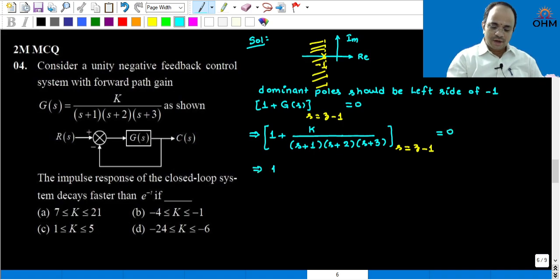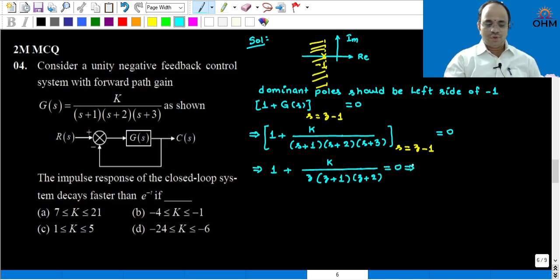Then what you can write down here, 1 plus k divided by z into z plus 1 into z plus 2 is equal to 0. So, with this, you will have characteristic equation as z cube plus 3z square plus 2z plus k is equal to 0.